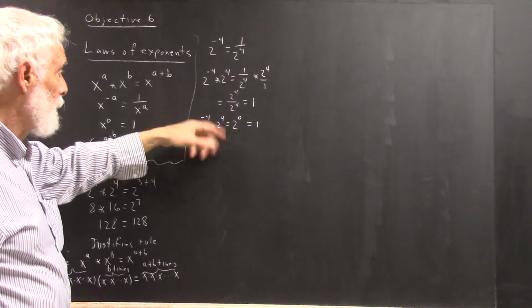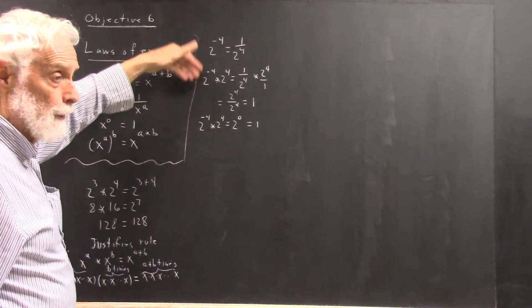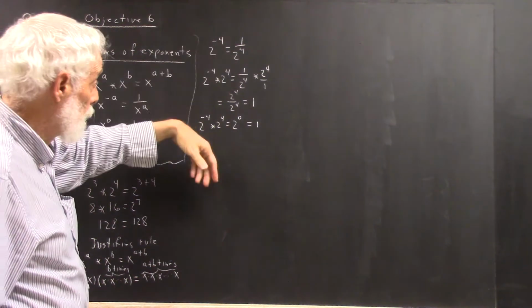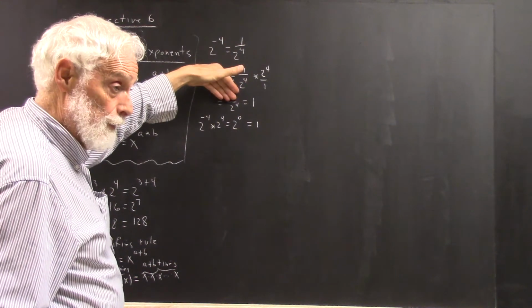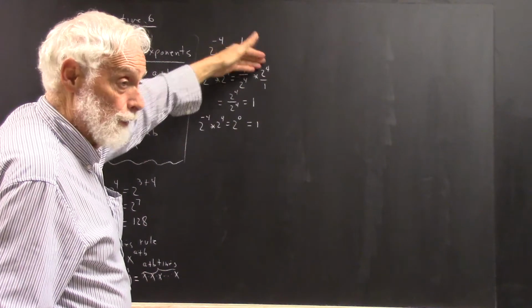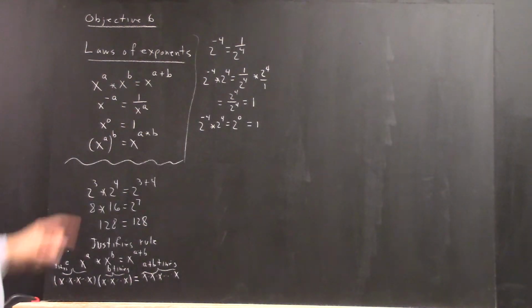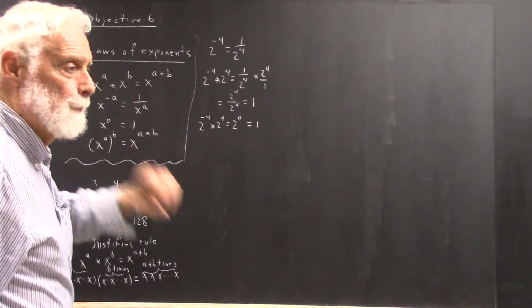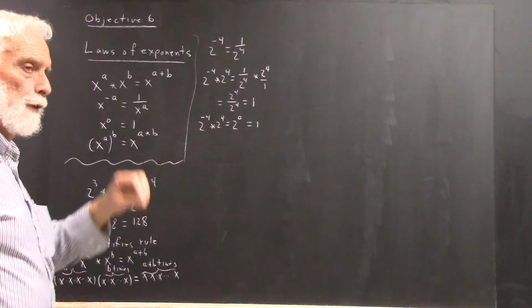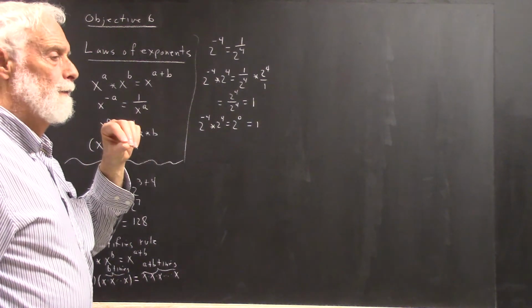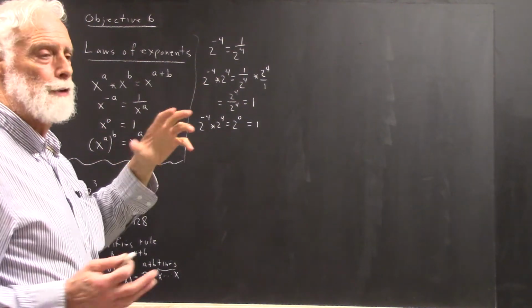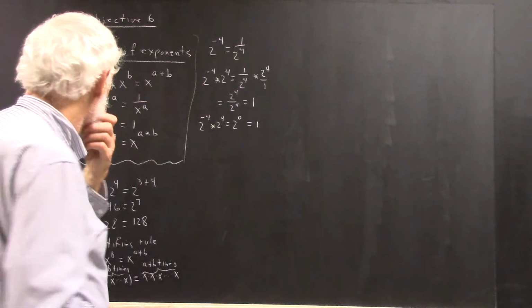We can do the same thing with 400. 400 to the negative 4 times 400 to the 4th is going to be 1 over 400 to the 4th times 400 to the 4th, and everything's going to come out the same. So it's very important to understand these rules, especially at this point of the course, for evaluating the basic functions at the standard points.